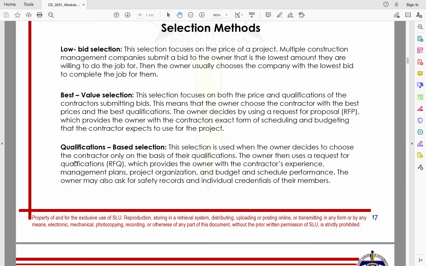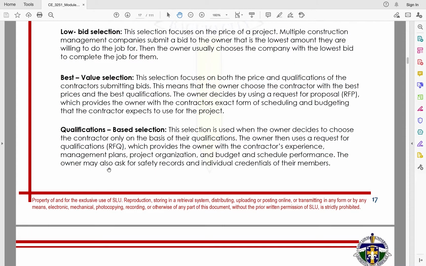So magre-request ka ng qualifications, or we call that the RFQ, request for qualification. Dito wala tayong pakialam sa pricing because we want the quality to be at its finest. Okay? So ang consider lang natin dito is the quality or the credentials of the bidder. Okay?